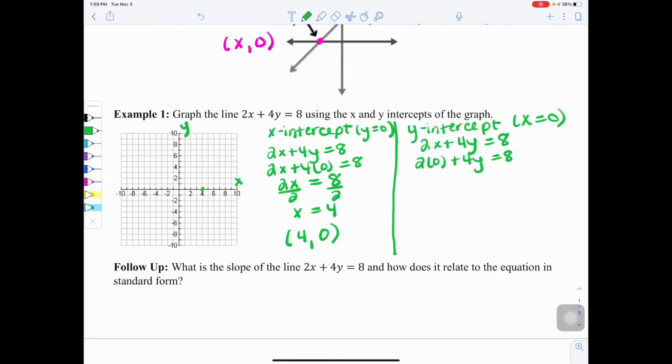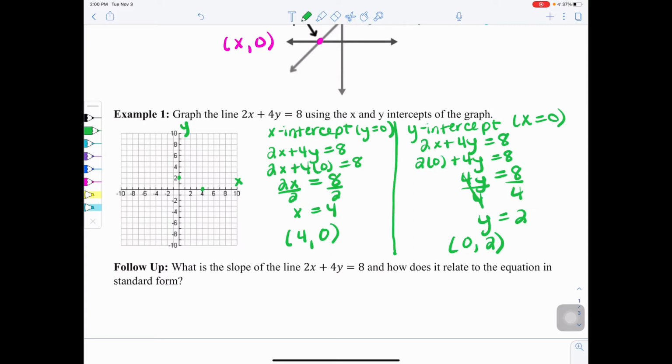So 2 times 0 is 0, and we have 4y equals 8. And then we can get y alone by dividing both sides by 4. So y equals 2. So now I know the coordinate is 0 for my x value since it's a y-intercept and 2 for my y value. So now I'll go to the graph and I'll plot 0, 2.